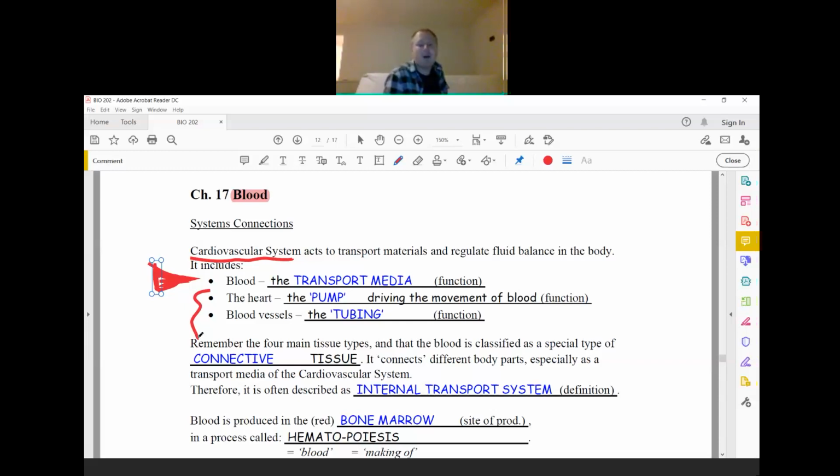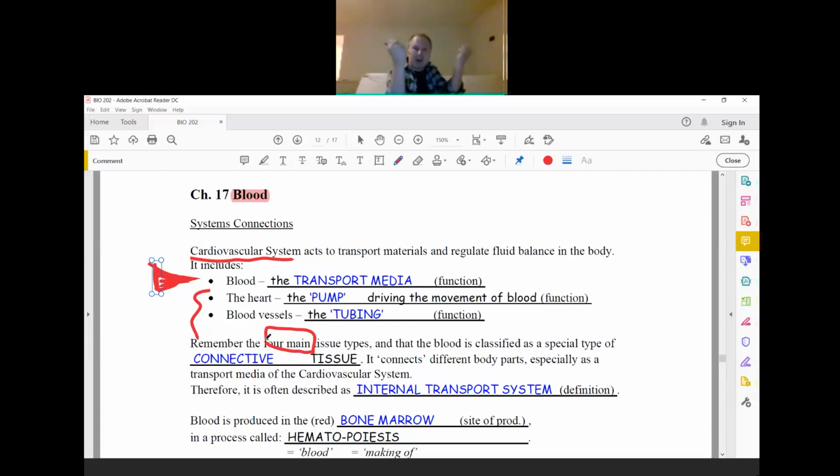What is blood then? That's a good question, and that's one question that often catches students by surprise. You remember we had 4 main tissue types. We had our connective tissue, which normally was things like bones, ligaments, tendons. And connective tissue connected 2 parts to each other. But we will end up noticing that blood is a connective tissue as well.